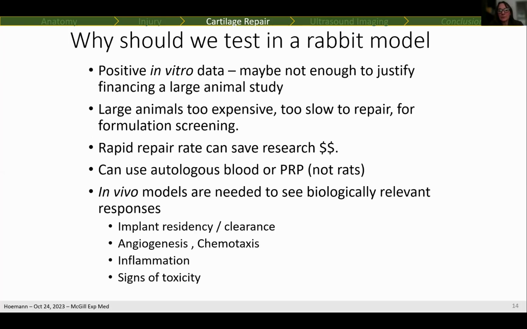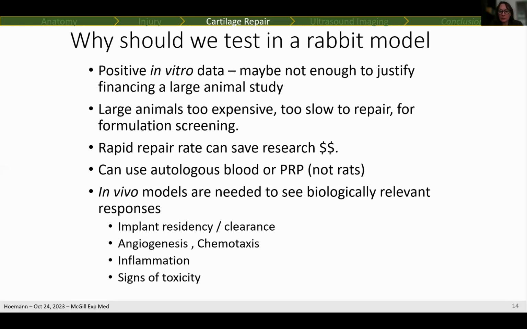But we should test in a rabbit model. I believe it's actually quite useful because it gives us some in vivo data. Because if you get data in vitro, are you going to spend the money to do a large animal study? And many people would find that too risky. The fact of it, the repair being very rapid, can save a lot of money because you only need to house the rabbits for 3 months maybe to get a result.